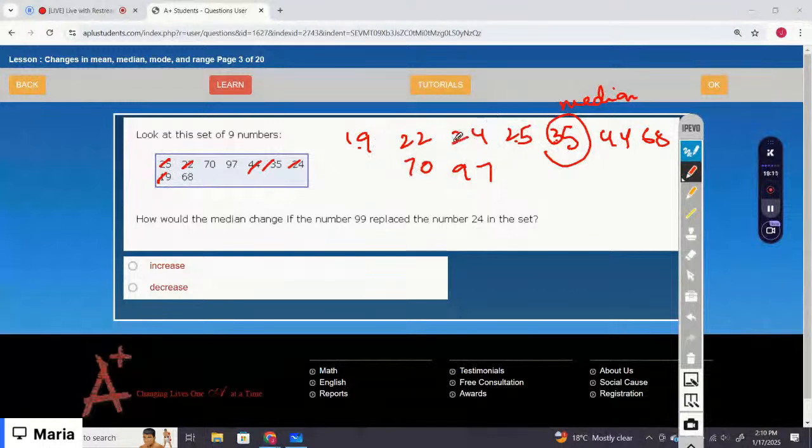Now you have to replace the 24 by 99. So then 24 is replaced by 99: 19, 22, 25, 35, 44, 68, 70, 97, and 99.